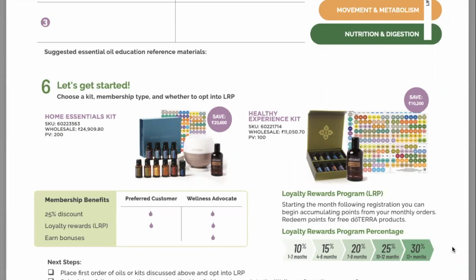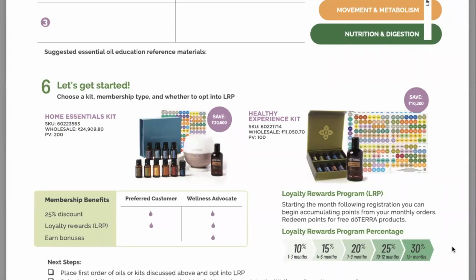Then there's also loyalty rewards. For example, if you know you're going to be buying toothpaste, if you know you're going to be buying face creams, moisturizers on a regular basis, this is where you can utilize the loyalty rewards program to start with getting 10% points back every month. Then after 4 months, you would be going up to 15%, 20%, 25%, and up to 30% back.